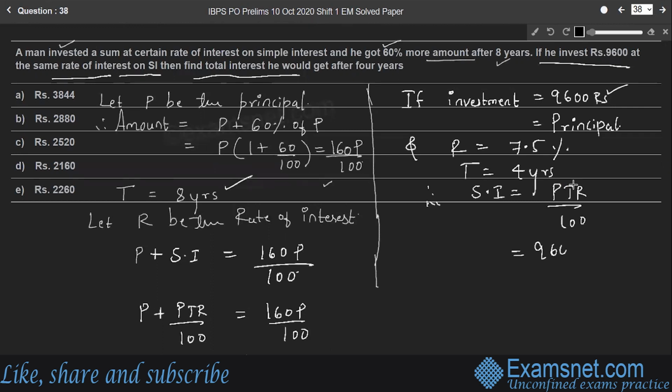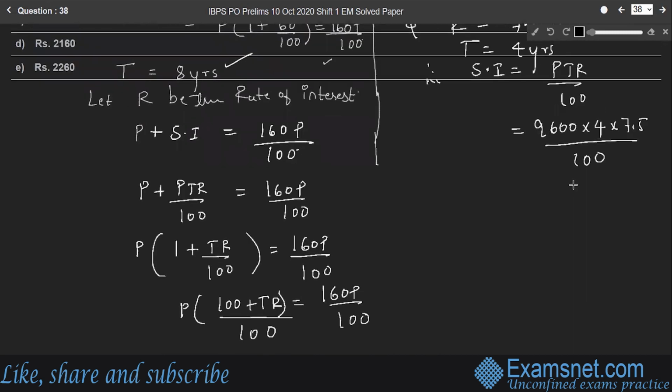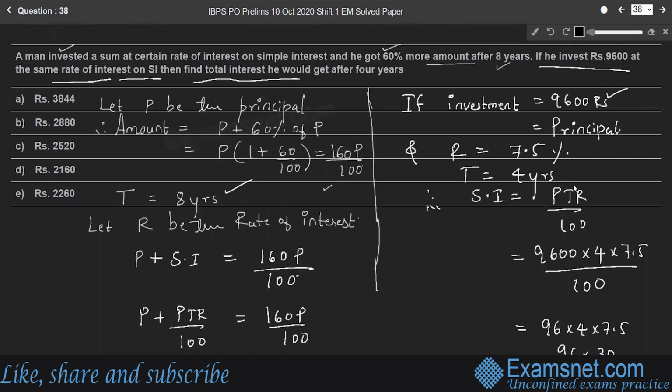Principal is 9,600. T is 4 years. R is 7.5 by 100. Therefore, 96 into 4 into 7.5, which is 7.5 into 4 is 30. 96 into 30 is equal to 2,880 rupees. So the simple interest you would receive after 4 years is 2,880 rupees. Option B.